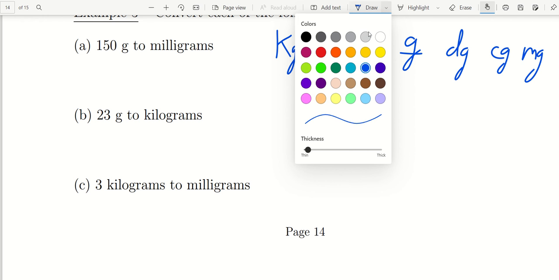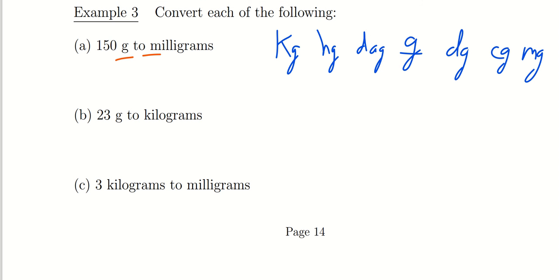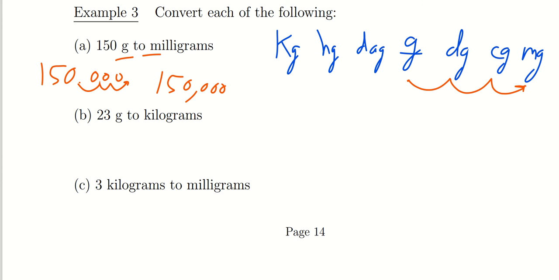If we want to convert in this first one from grams to milligrams, we're here and we need to go there. So that's going to be 3 places to the right. If we move the decimal spot 3 places to the right, that would give us 150,000 milligrams. So 150 grams is the same thing as 150,000 milligrams.